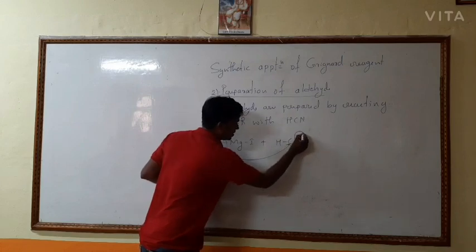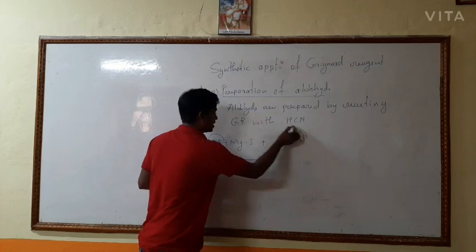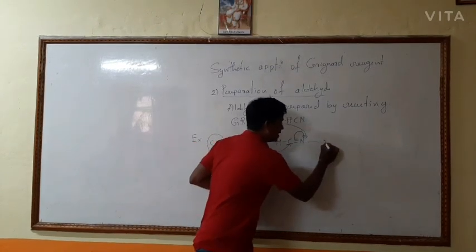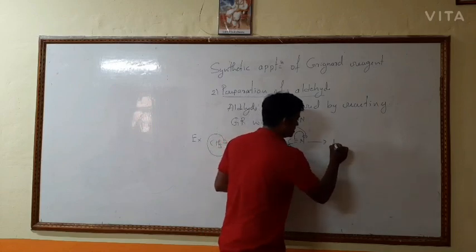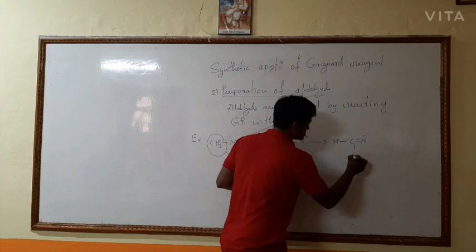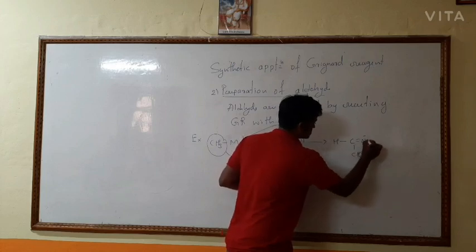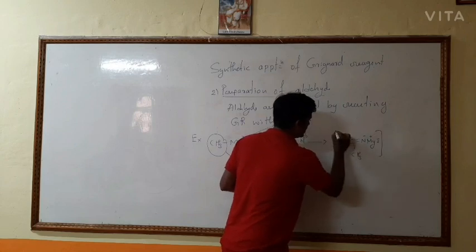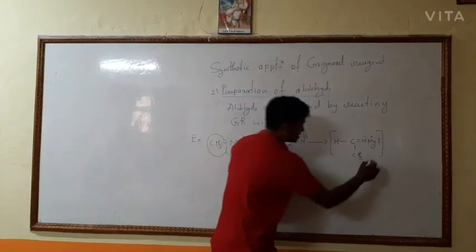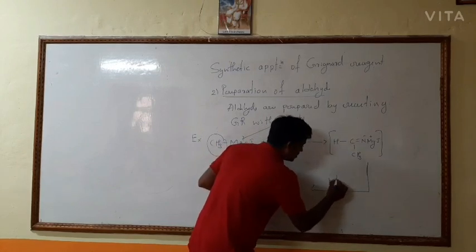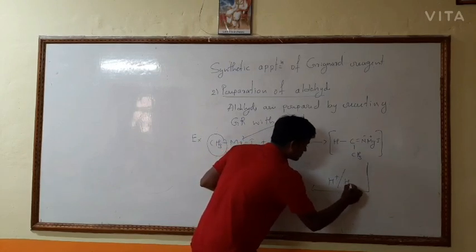Then the pi bond is shifted to the nitrogen and nitrogen becomes negatively charged, and it again attacks the magnesium halide to give the addition product. This addition product further undergoes acid hydrolysis.